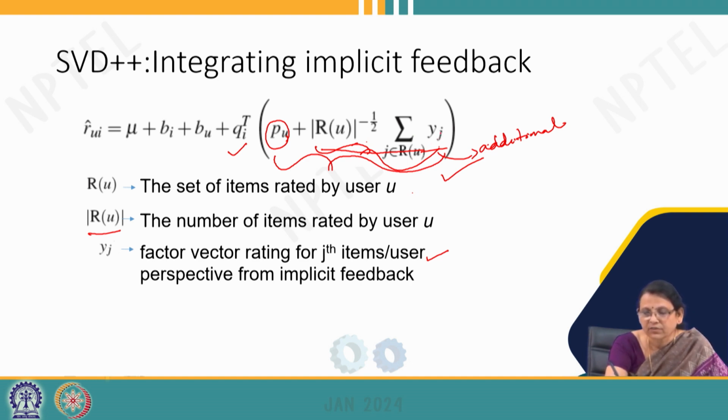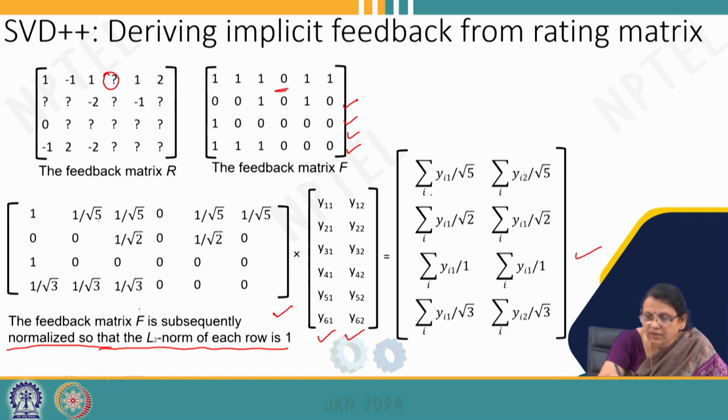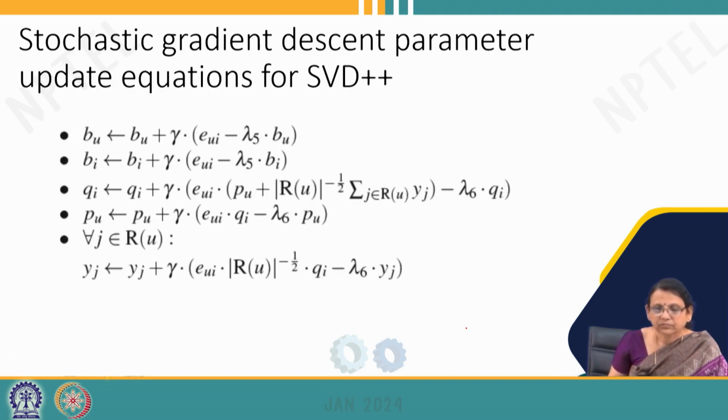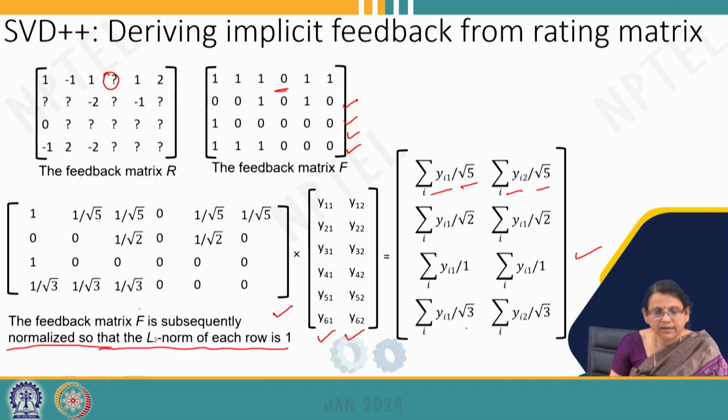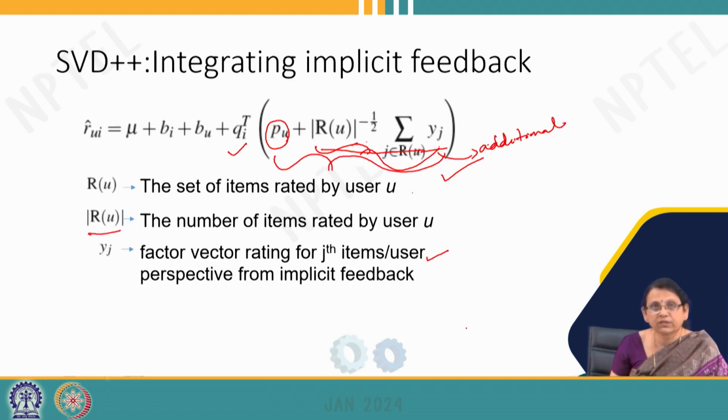So, you take this sum divided by the average, take the sum divided by the average, and so on. It is the same manner in which we derived the update equation for SVD.